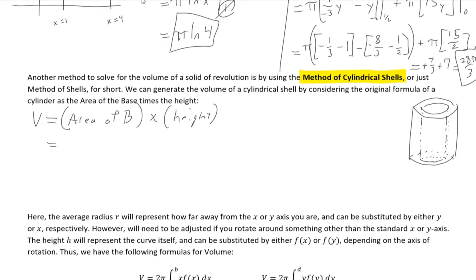To find that, if I even look at the top of it, I need to find the area of the farther one and then subtract out the area of the closer one. Well, if I say the farther one has a distance of r2 just generally, and then the one on the inside has a distance of r1, then this is going to be pi times r2 squared. That'd be the area of the outer radius, minus pi times r1 squared times the height.